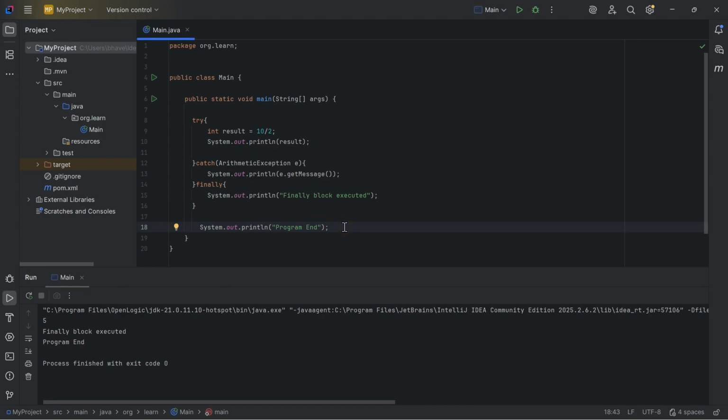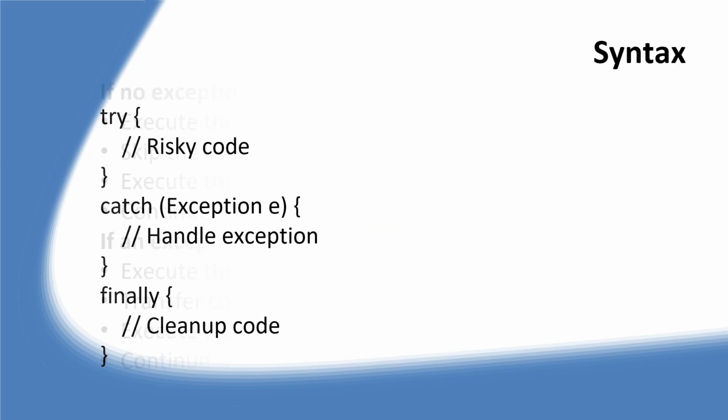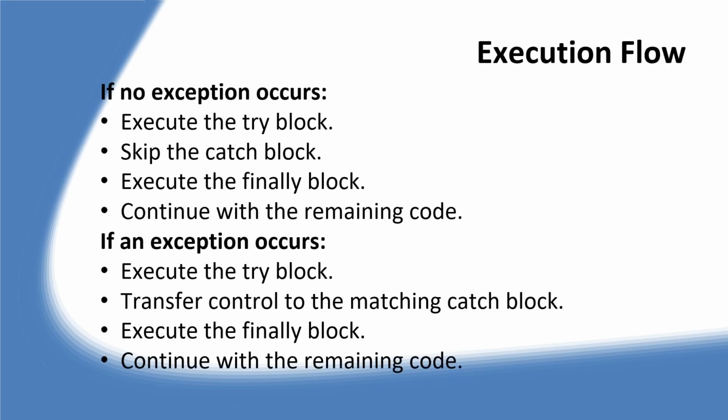So let us understand the execution flow, how the flow of execution is occurring. If no exception is occurring, it will first execute the try block. Since we are not getting any exception, will it execute the catch block or not?